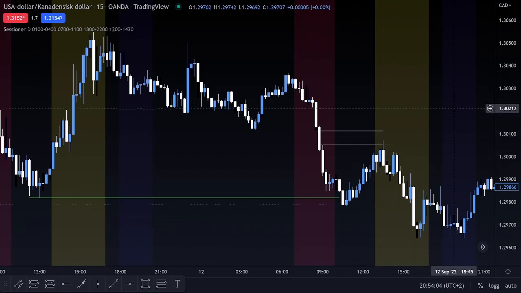Remember, I hunt for areas where price could potentially make reversals. So this is an example of an area where I could hunt a setup.